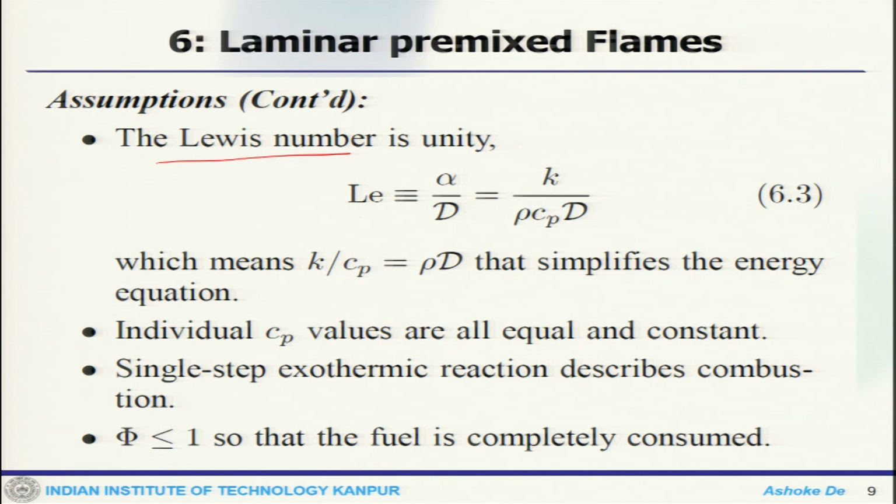That helps, because it simplifies the energy equation. Now, individual Cp values are all equal and constant. So, if you take some species, the Cp values are all equal and constant.